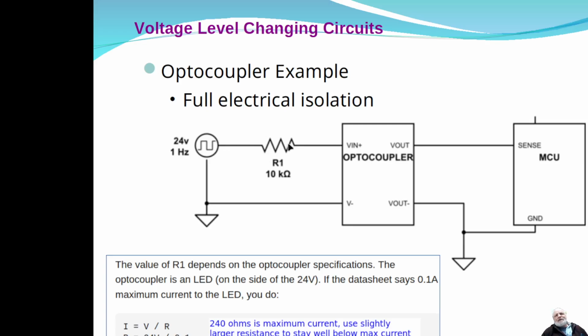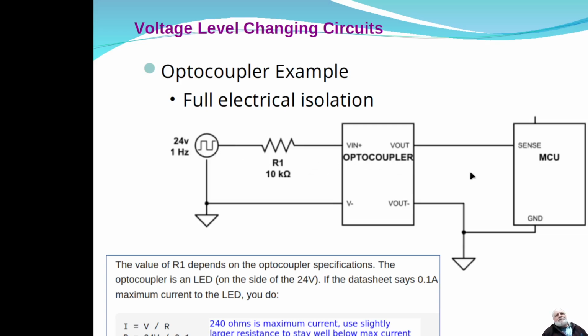I'm not sure, that seems a little bit high for a resistor. You would have to look at the specs for your particular optocoupler, but that seems a little high to me for this type of setup. A lot of times you might not even need that for a communications level low current optocoupler.